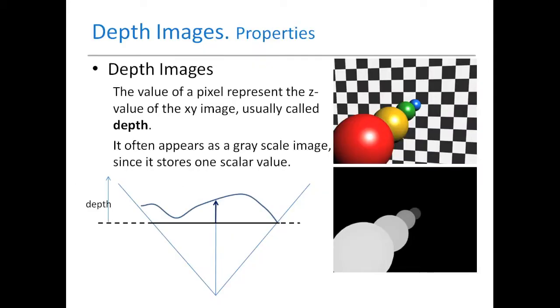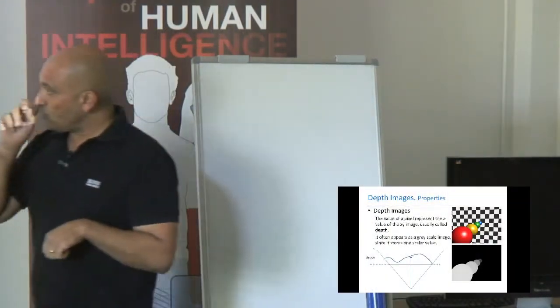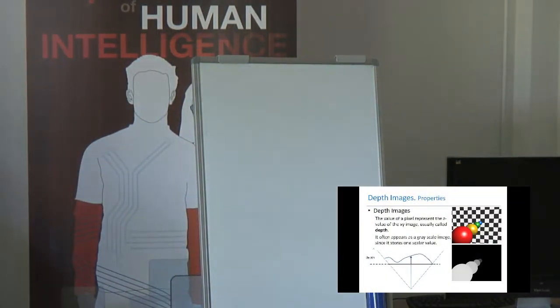So what we will get eventually from all these technologies is a point cloud, or, in the simple case, what we call a depth image. A depth image is different from a point cloud. A point cloud is pretty much scattered points in 3D space, while a depth image is what we assume is received from one image. This is the image we will get, and this is the depth which will be recorded.